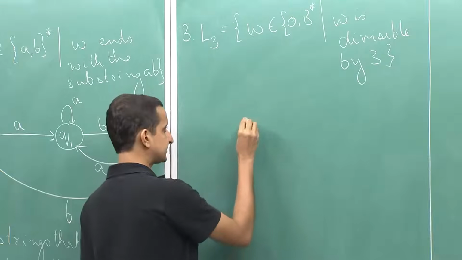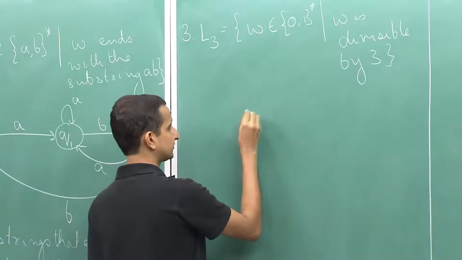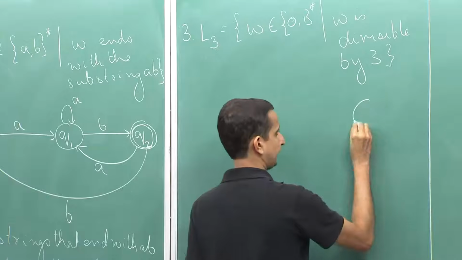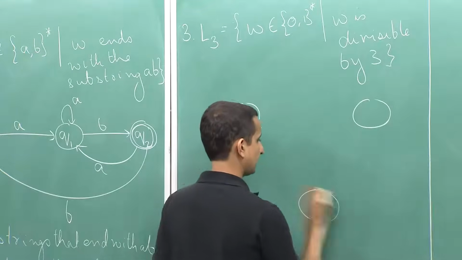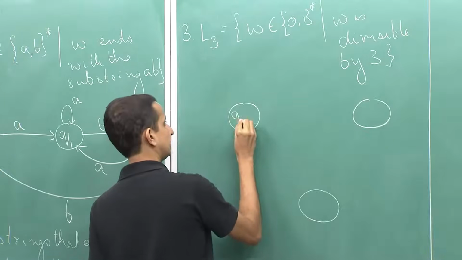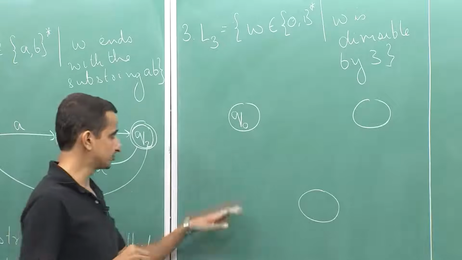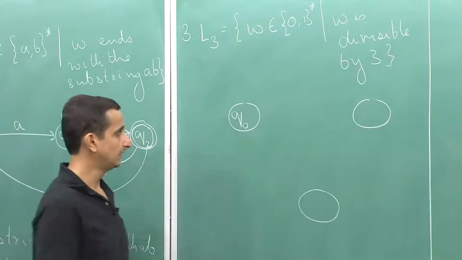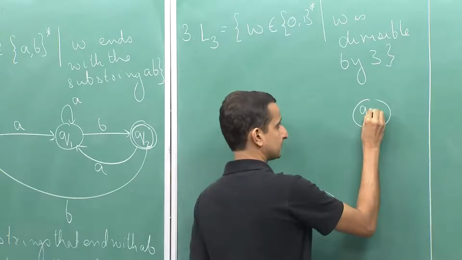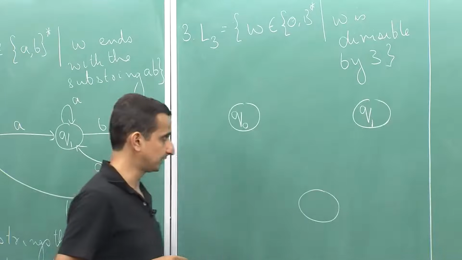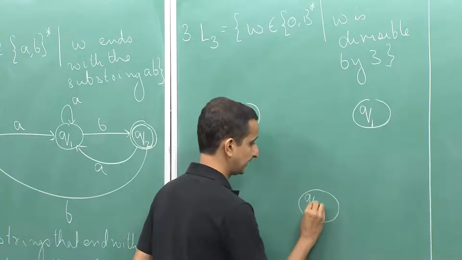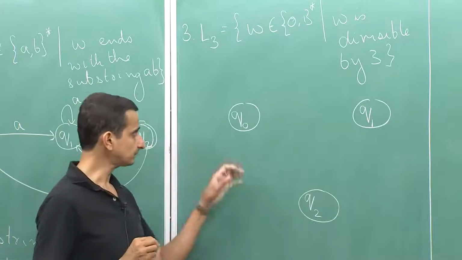So, we will have 3 states corresponding to these 3 types of strings. So, we have Q0 which corresponds to all those strings that leave a remainder 0 when divided by 3. We will have Q1 that corresponds to all those strings that leave a remainder 1 when divided by 3, and we will have Q2 that leave a remainder 2.